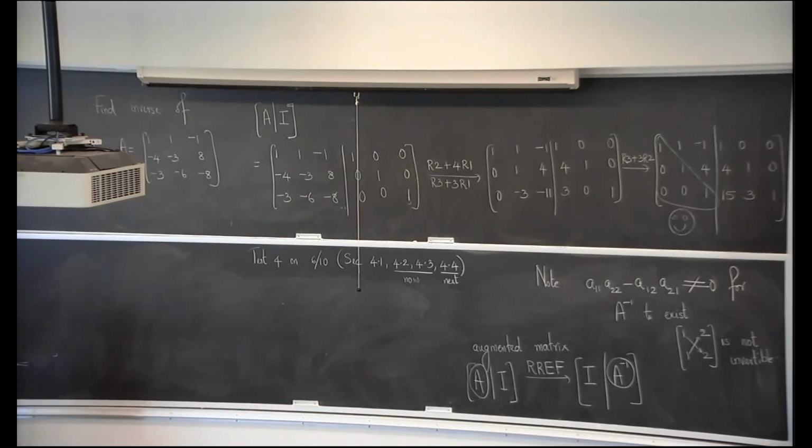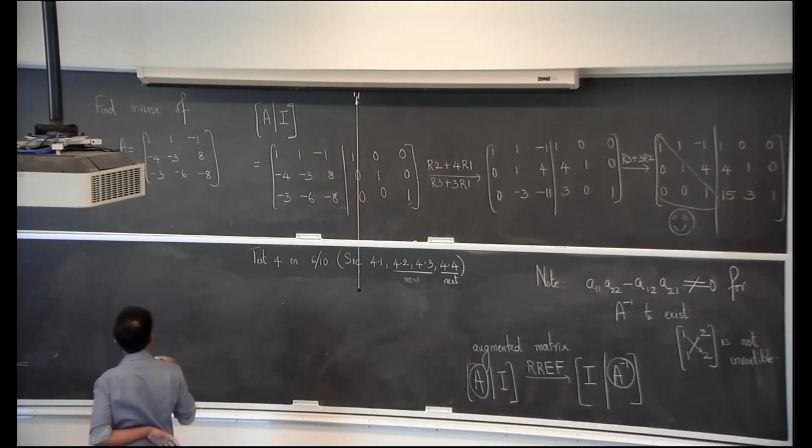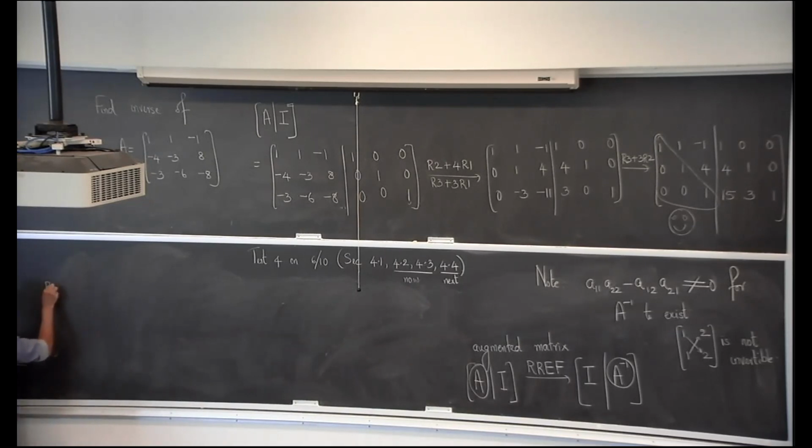Can somebody tell me one possible way to make some progress here? We're looking for an RREF, not an REF. So how can we get more zeros above those leading ones? Any suggestions? Yep, R1 minus R2. So it's 1, 0, negative 5.